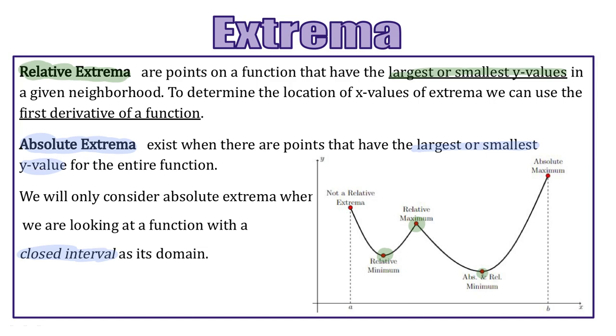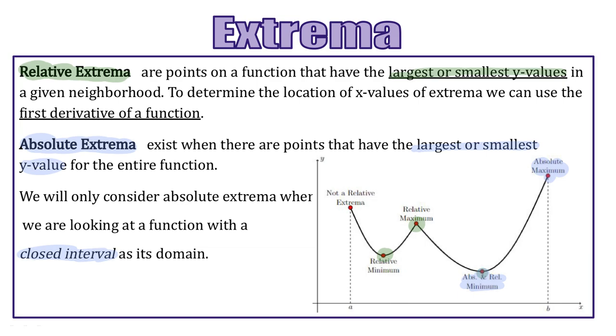If we look back at this same graph, the y value down here is not only a relative minimum, as we already showed, but it's also the lowest point anywhere on this graph. So it's the absolute minimum and the relative minimum. The highest value anywhere on this graph occurs at this coordinate up here. So that y value would be the absolute maximum of this function over this given interval.